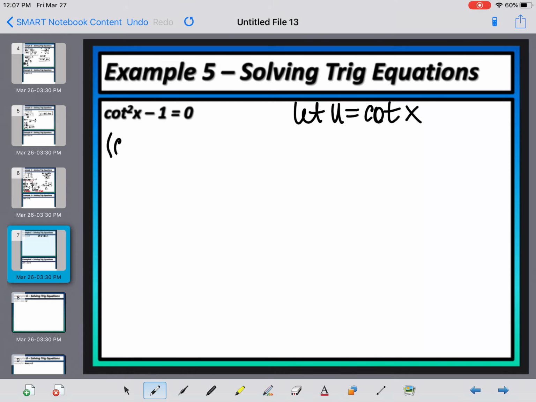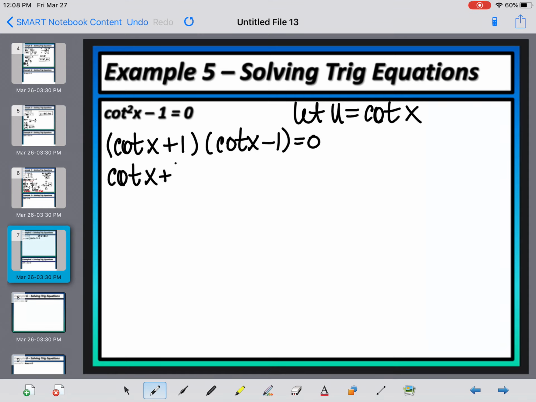Okay, u squared minus 1. This is going to be difference of squares. Right, and again, I have 2 separate problems to solve here.